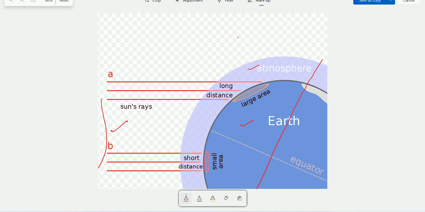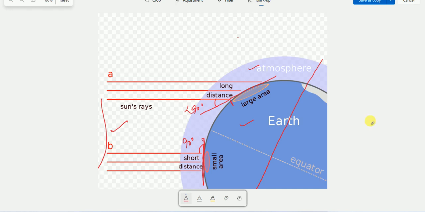This is the case of the vertical ray, and let us say this is a plane surface, and the angle formed here is 90 degrees. And this is for the case of inclined rays, and let us say this is a tangent, and the angle formed here is less than 90 degrees.